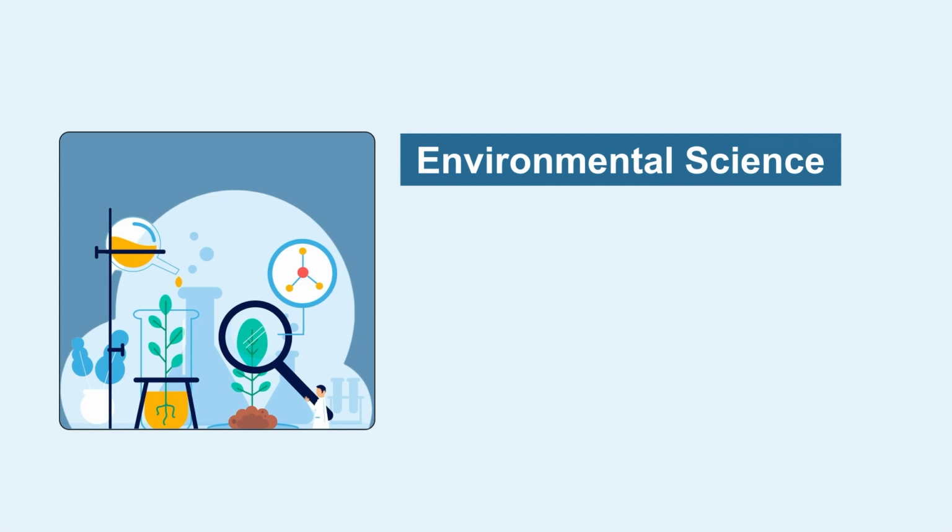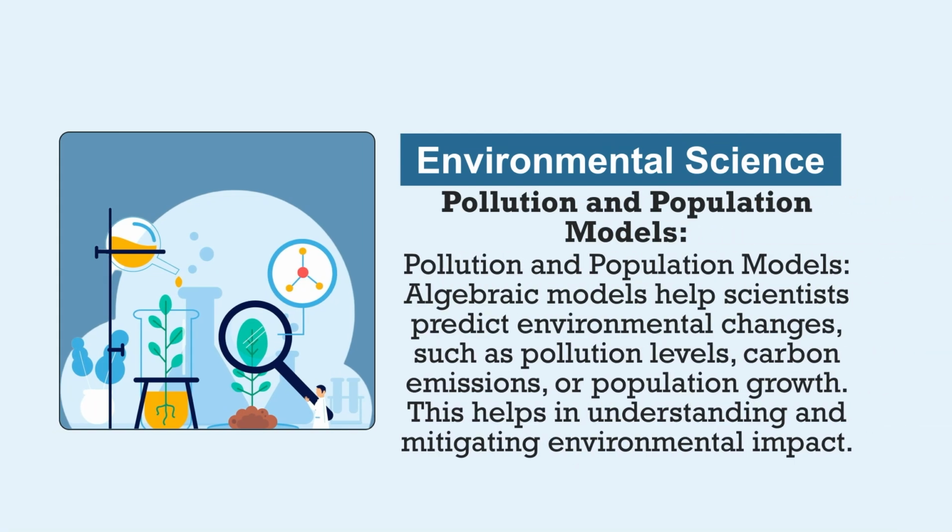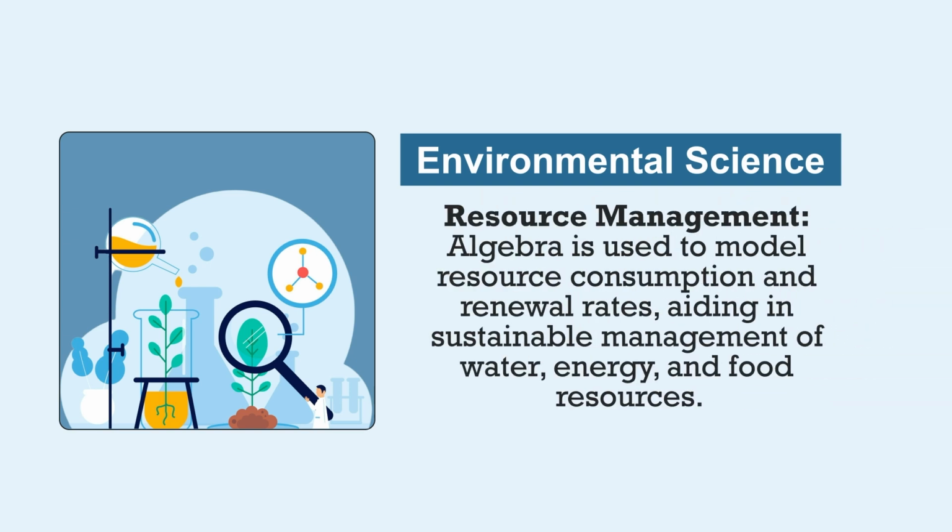Apart from this, environmental scientists also require algebra when they work with population models, when they are supposed to understand variation in the environment, be it at the level of pollution or carbon dioxide or carbon emissions. Apart from this, resource management is also done with the help of algebra in environmental sciences.